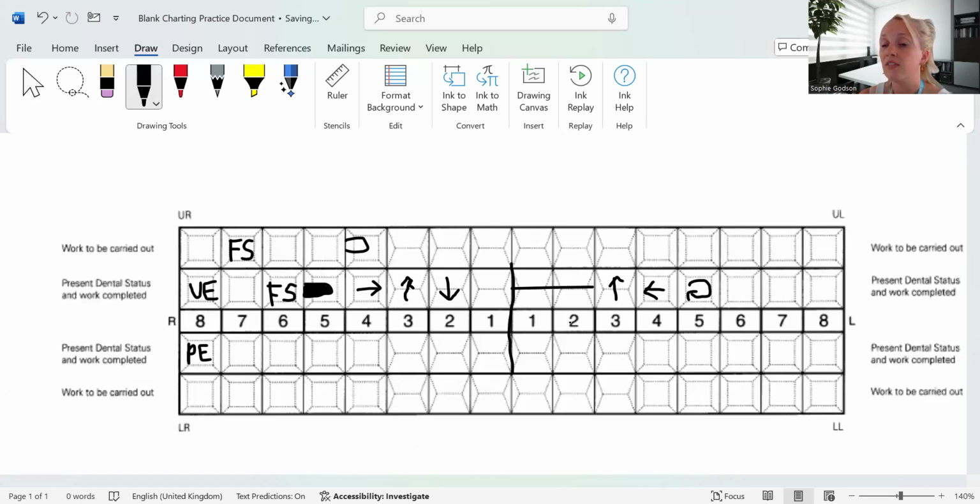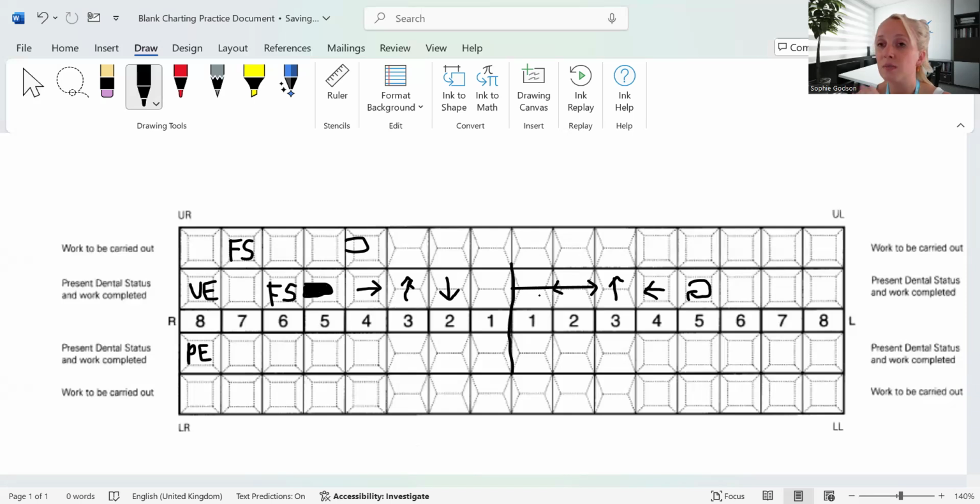Now, if the tooth is missing, but the space has closed, you then need to add arrows. So if it's missing and the space is closed, you're going to draw little arrows. So that means the gap's closed, the teeth have kind of drifted, and there's no space there where the tooth used to be. Sometimes this can happen in children if they've had their premolars taken out, they've had orthodontic treatment, and then the space is closed, or sometimes the space can naturally close on its own over time.